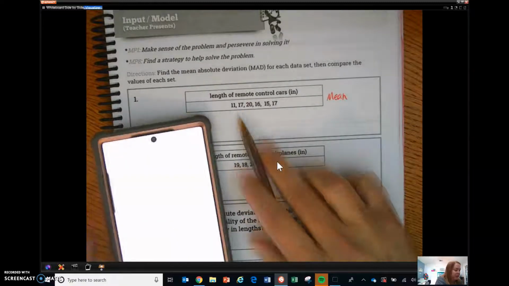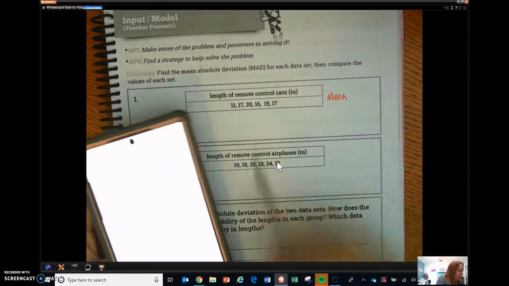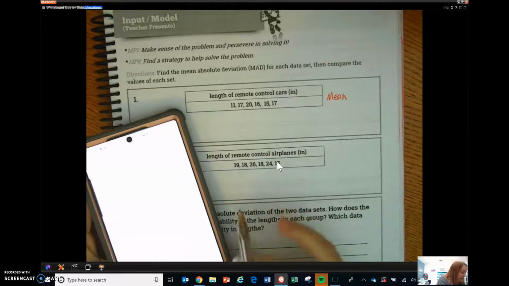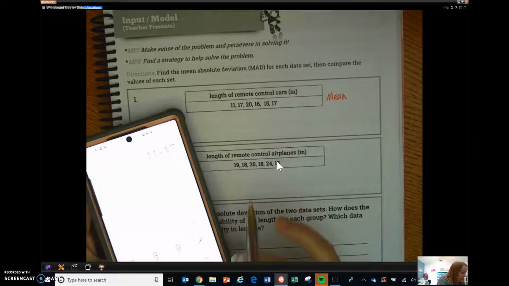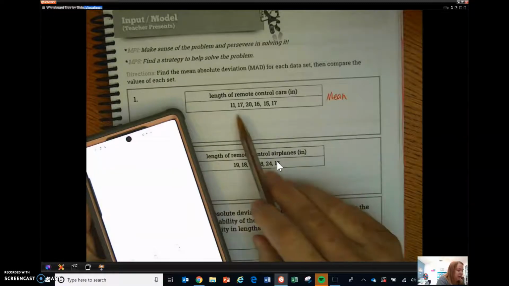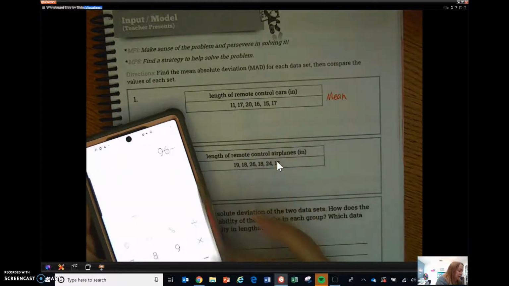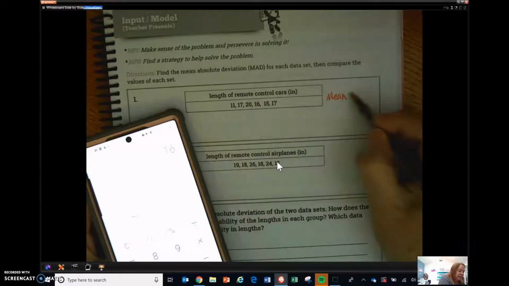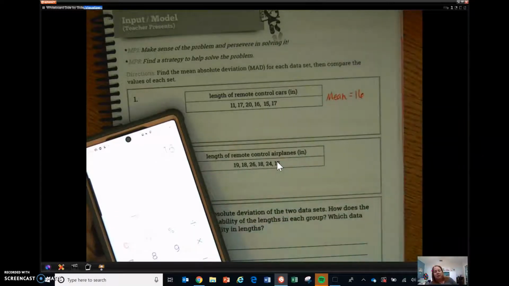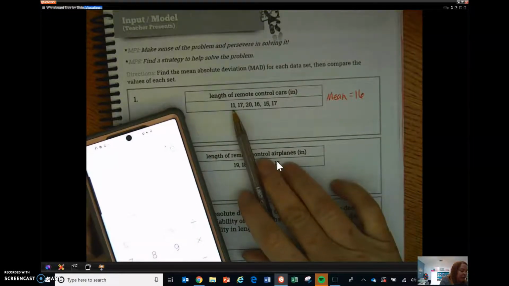So all we have to do is add all those up: 11 plus 17 plus 20 plus 16 plus 15 plus 17 equals 96, and we're going to divide by 1, 2, 3, 4, 5, 6 and get 16. The mean is 16.